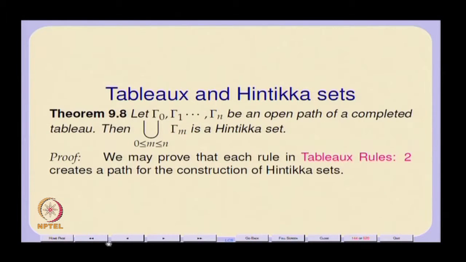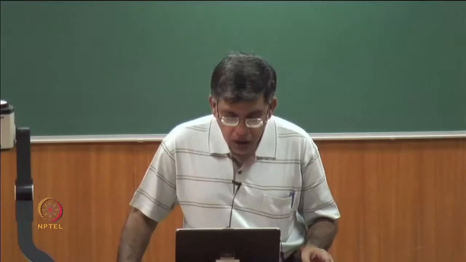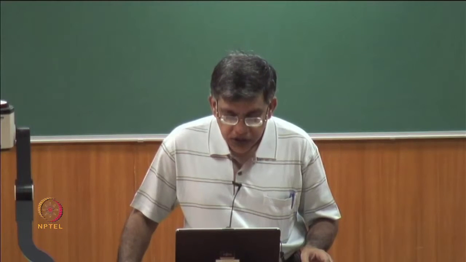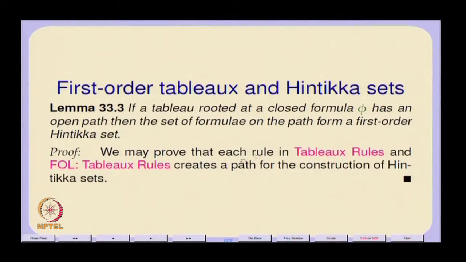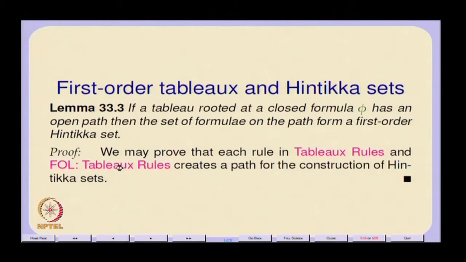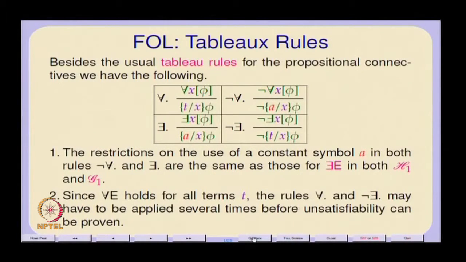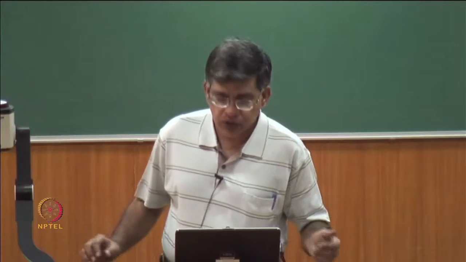But coming back to the corresponding theorem for first order logic, you can just prove that each propositional rule and each first order logic rule, basically these four rules, essentially create a path for the construction of a Hintikka set. And if you have a universal formula, that open path would be an infinite path, right.